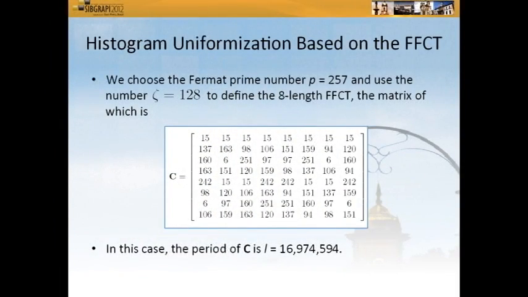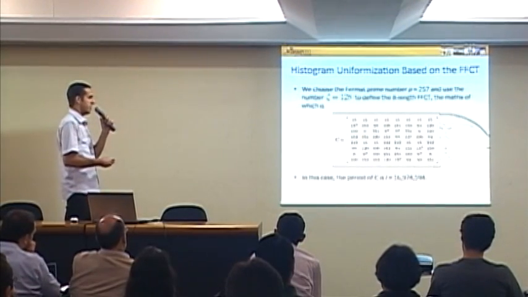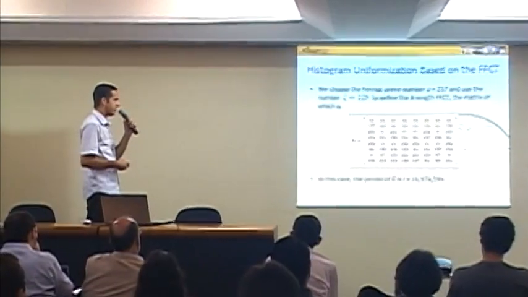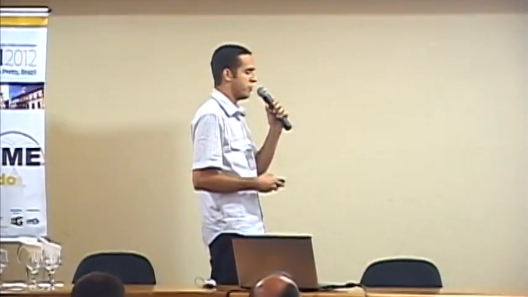Okay, in order to effectively implement the method, we have to define the transform. I showed some slides ago that we defined the transform to be used in this method by choosing a Fermat prime number P equal to 257, and using the number zeta equal to 128 to define an FFCT with length equal to 8, the matrix of which is given by this matrix here.